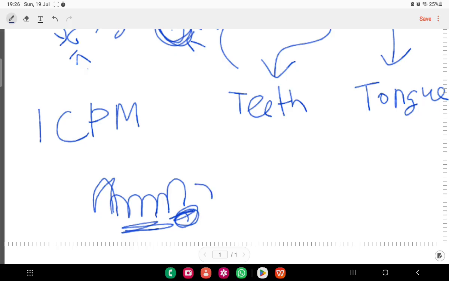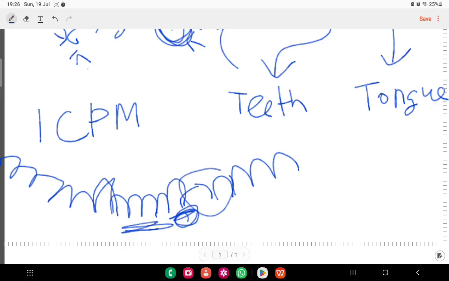Next we got the molars, these two teeth, and premolars. These teeth right here, premolars and molars, are wide and they are generally used for chewing.